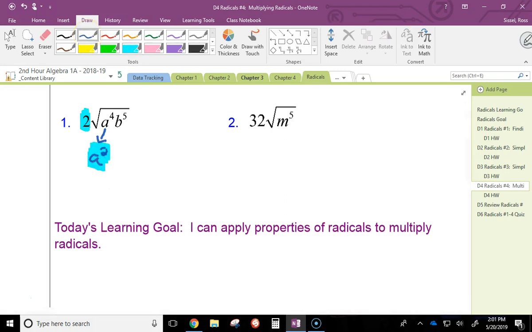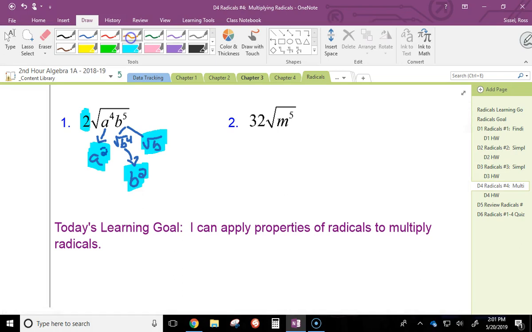B to the 5th, remember this is an exponent. So that's going to be the square root of b to the 4th times the square root of b. Square root of b to the 4th, we have to take half of our exponent, so it's b squared. That is simplified now, and the square root of b is simplified.